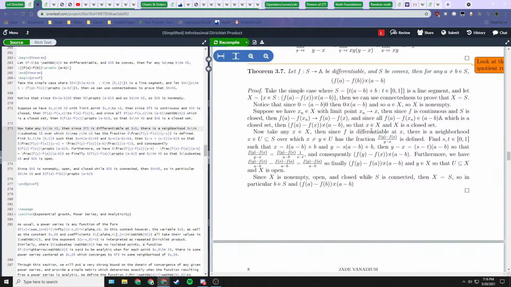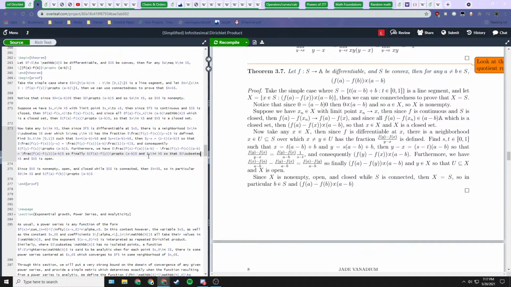It doesn't really matter too much, but I want to make sure I'm consistent on this. Excuse me, I had to sneeze again. So we flip this around, and we get a minus y is proportional to that, and y is in X, so U is a subset of X, and X is open.